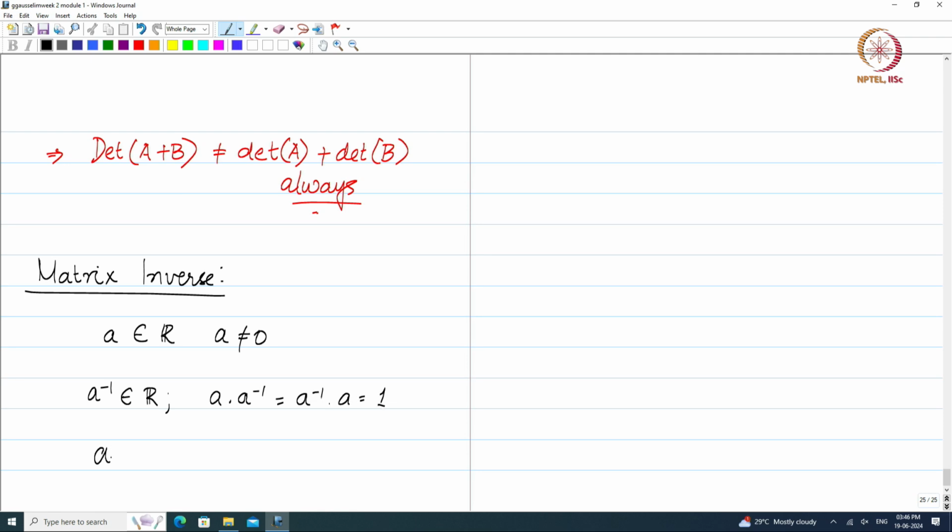A inverse is called the multiplicative inverse of A. This A inverse is unique for a given real number A.